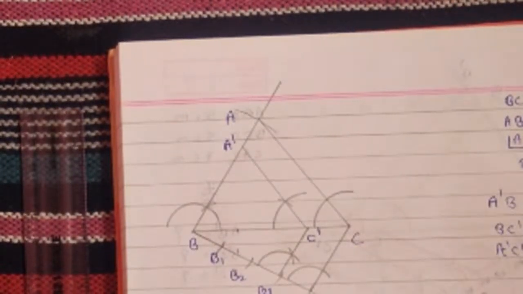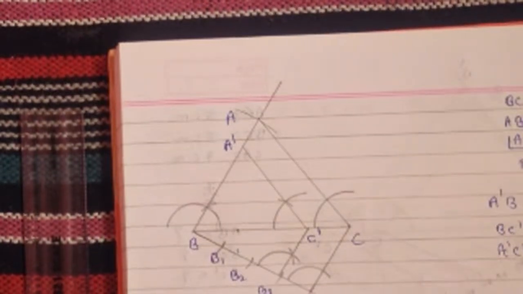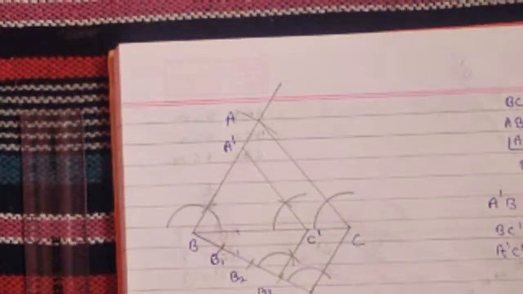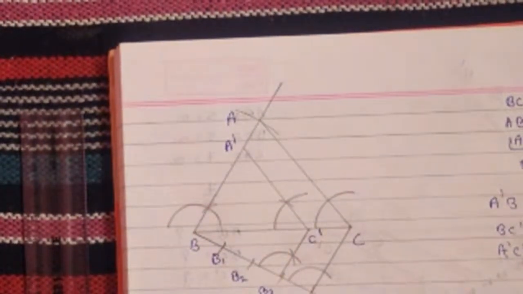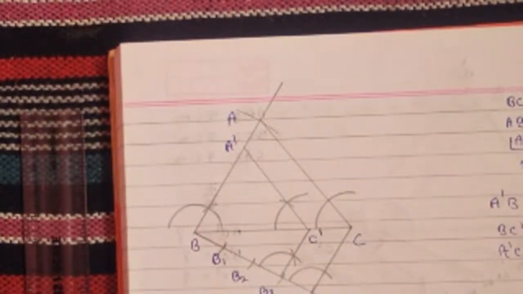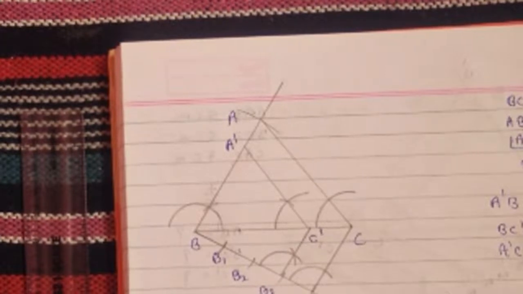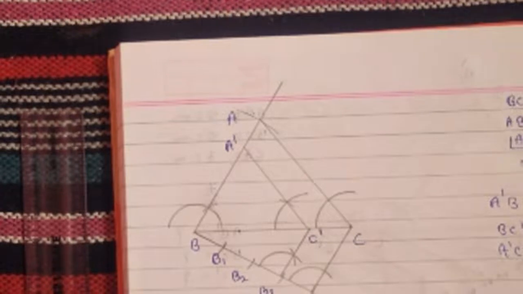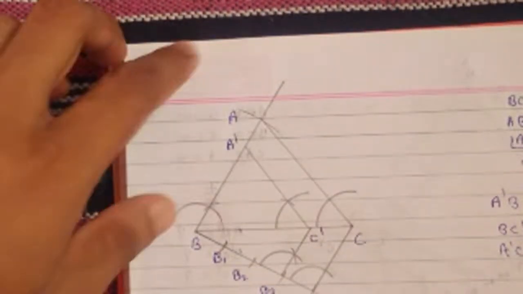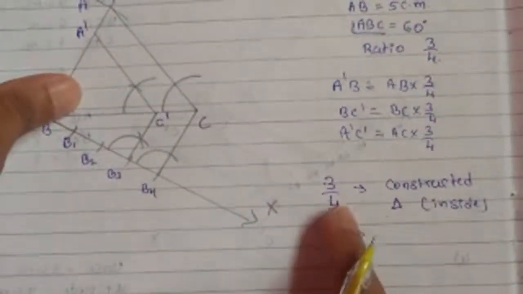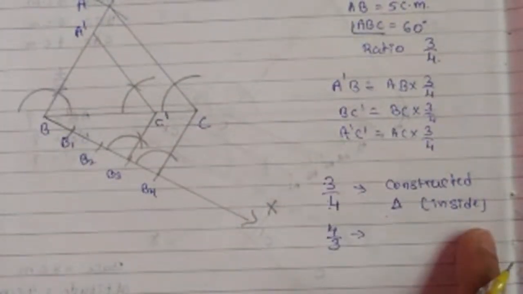In this case, the similar or constructed triangle will come inside. For example, if I consider 4 by 3, okay, sorry. If the ratio is 3 by 4, then the constructed triangle is present inside.